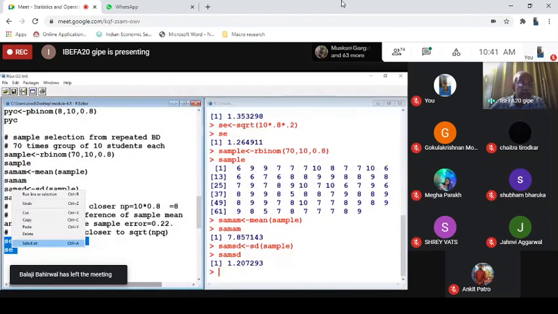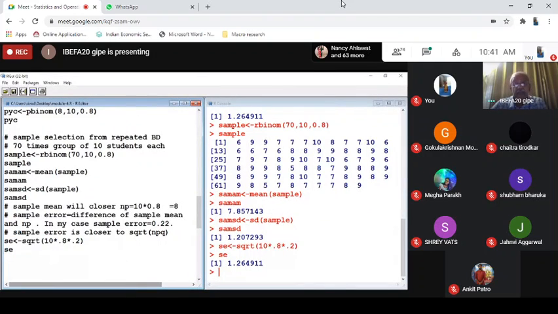The sample arithmetic mean error will be 0.15, and the sample standard error will be smaller. So this demonstration I have shown for 50 times, 100 times, 70 times. What does it tell? Anybody?